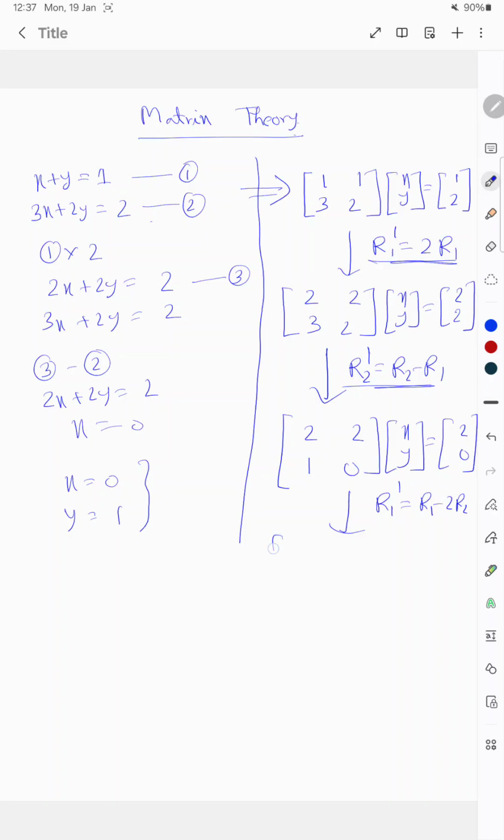If you do, so what you have basically 0 2, 1 0, x y equal to 2 0. So this implies actually 2y equal to 2 and x is equal to 0. So from there you are getting the same thing, right?